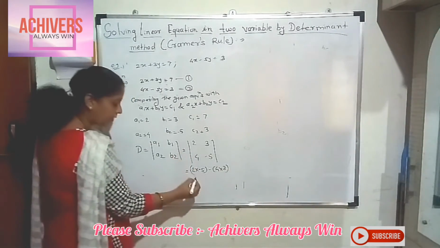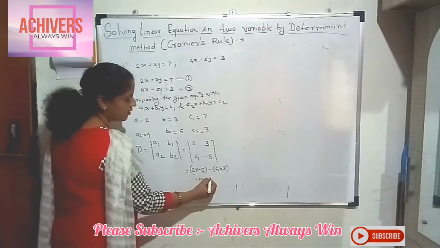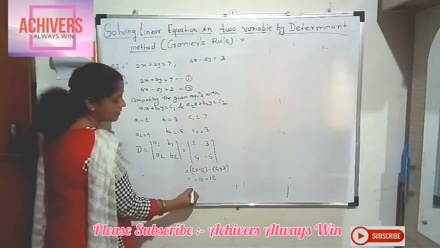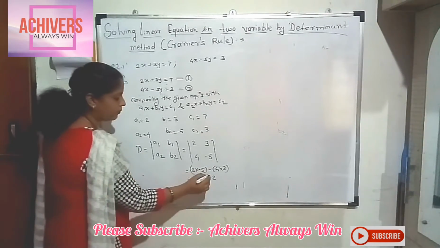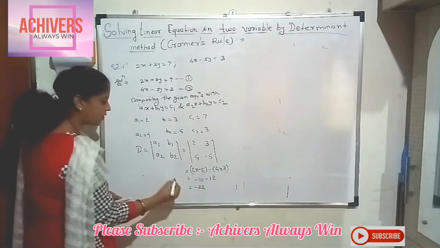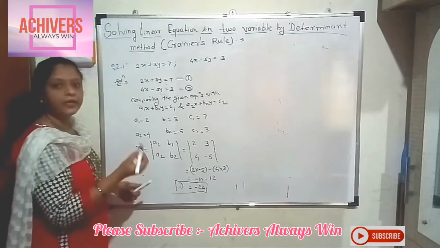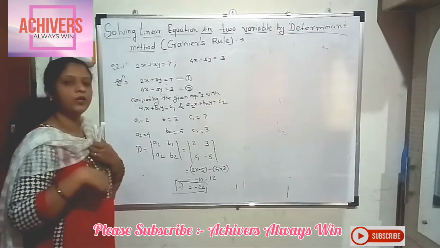Then 2 5s are 10. Multiplication is minus 10. And 4 3s are 12. And minus, take addition. 10 plus 12, 22. Biggest number sign: minus 22. Value for D.